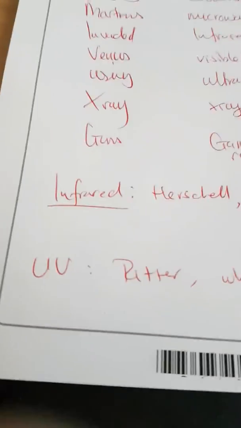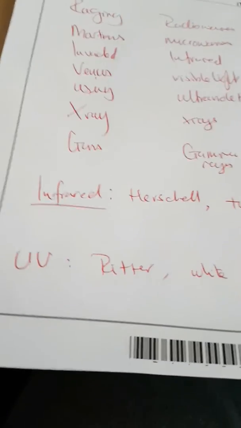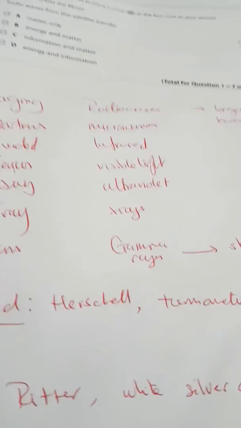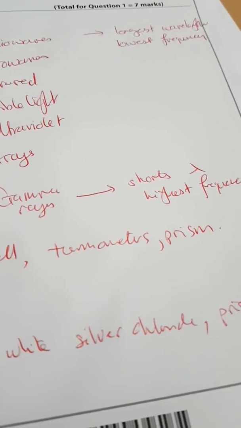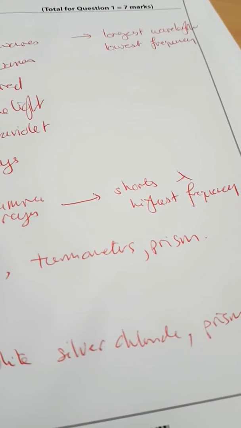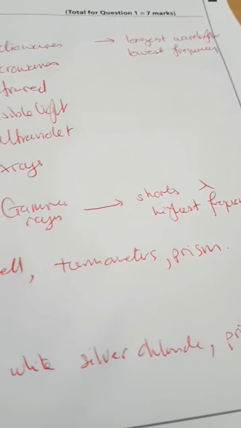And then the other two things that you need to be aware of for P1 is infrared. Infrared radiation, which is part of the electromagnetic spectrum, was discovered by a guy called Herschel, and he used a prism to split white light into the colors of the rainbow. So that's red, orange, yellow, green, blue, indigo, violet.